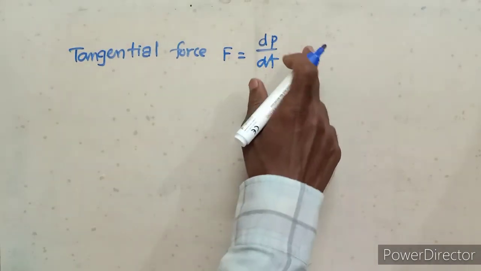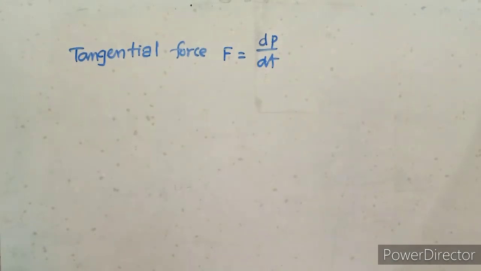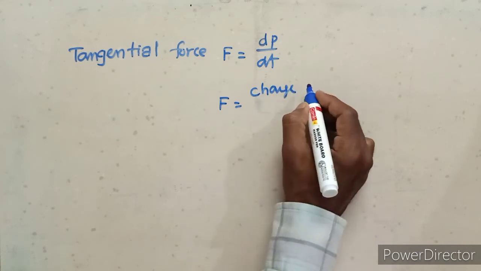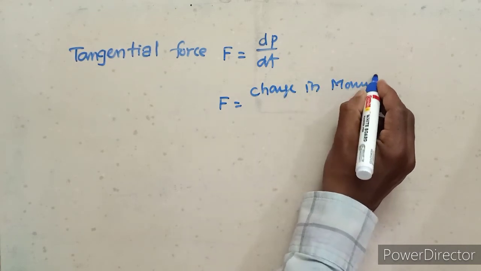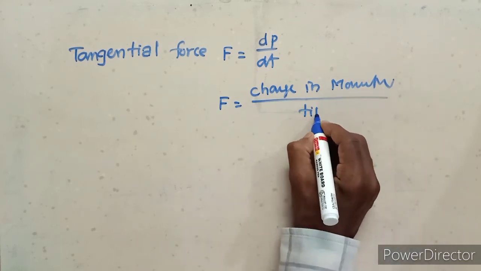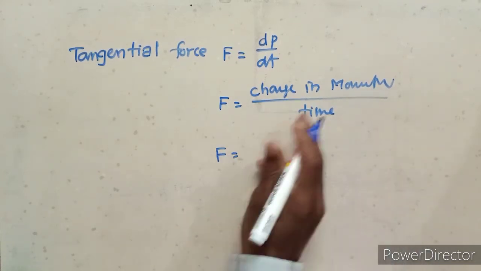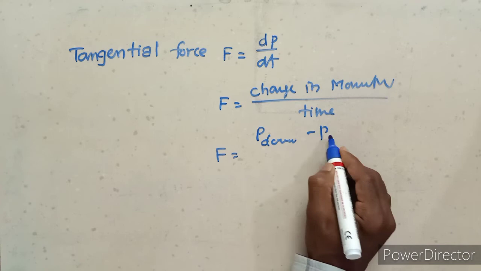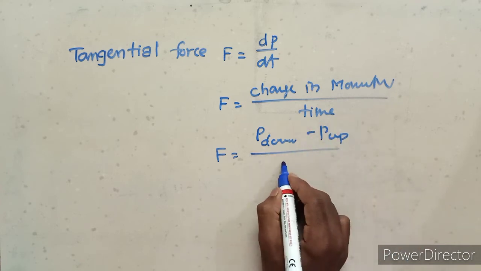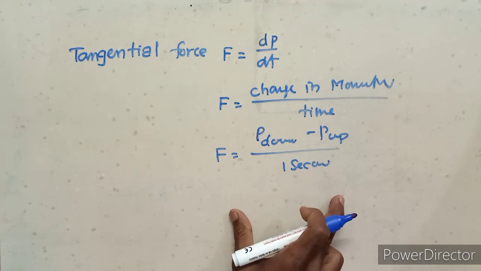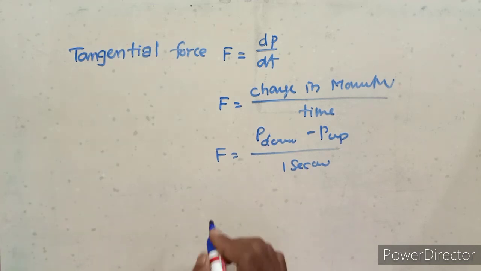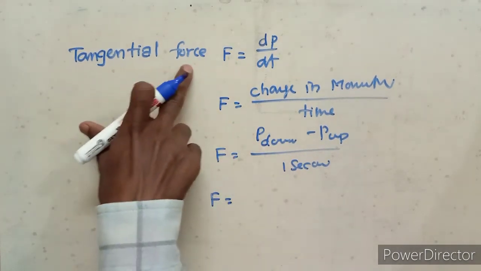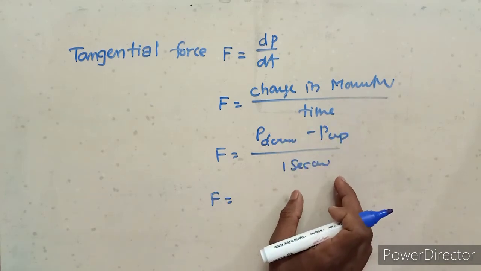So F equals change in momentum upon time. Change in momentum means P downwards minus P upwards, upon time, which is 1 second, so tangential force per 1 second.